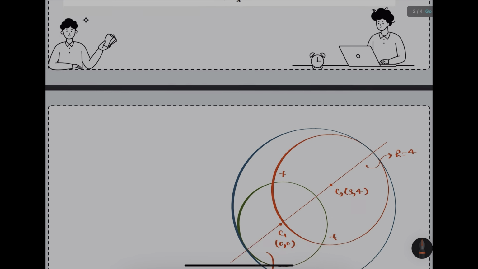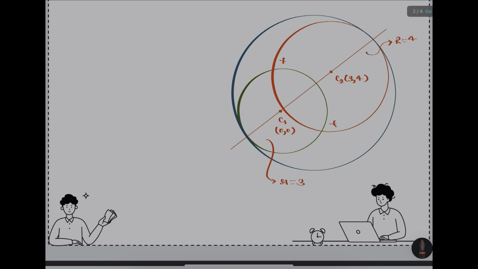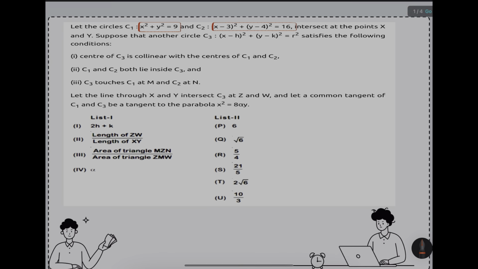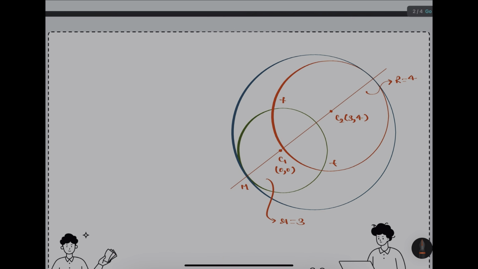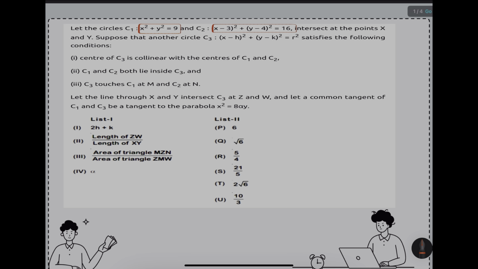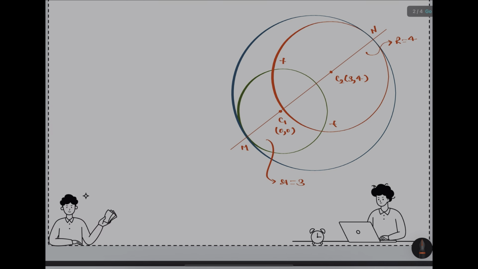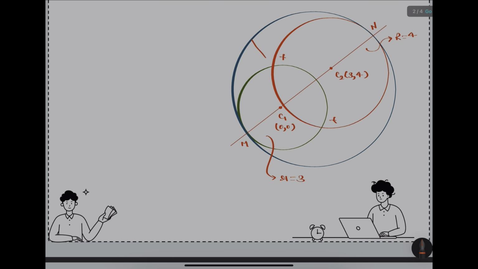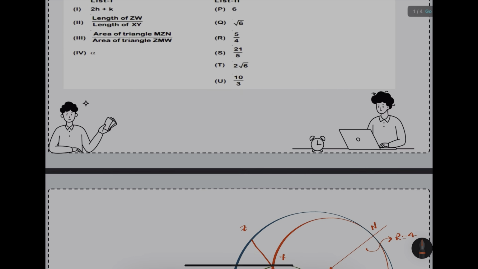C3 touches C1 at M, so this is M, and C2 at N, so this is your N. The line through X and Y intersects C3 at Z and W. So you have to pass a line through X and Y, and it will touch the bigger circle at Z and W. Till this part we have drawn everything.